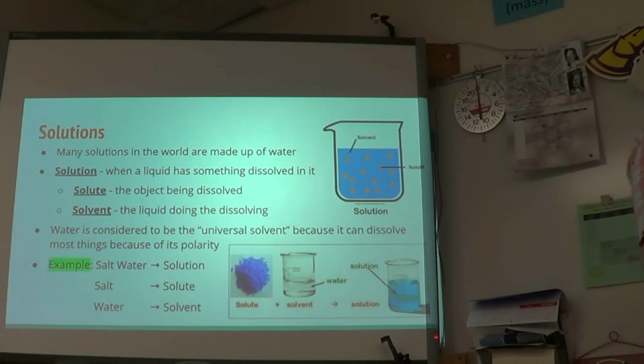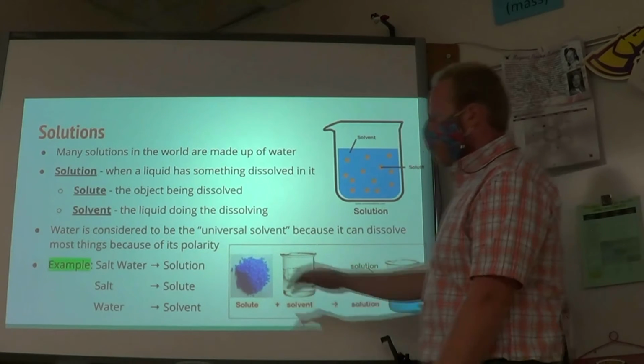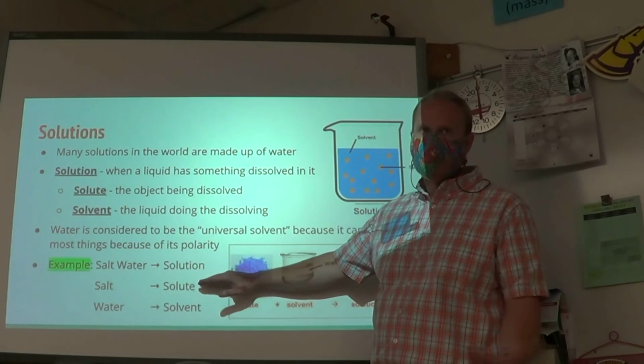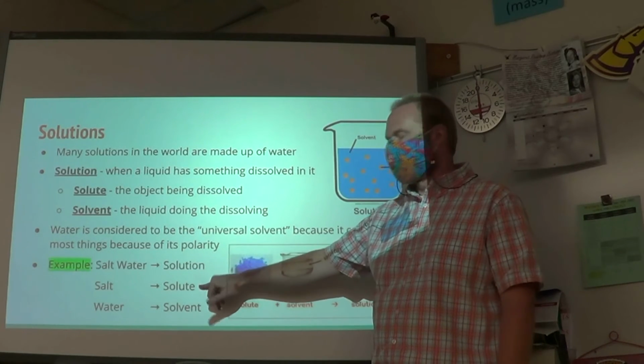It's a mixture of liquid and something dissolved in it. In this case, it's salt. So the salt is the solute, the thing that got dissolved, and water is the liquid that dissolved the salt. Okay? So Kool-Aid is a solution, water is the solvent, and the Kool-Aid powder, sugar or whatever, is the solute.